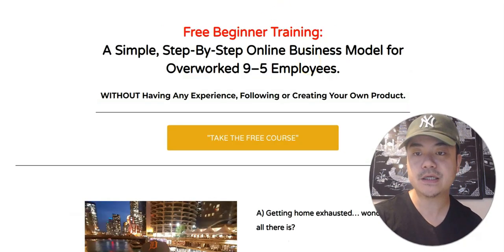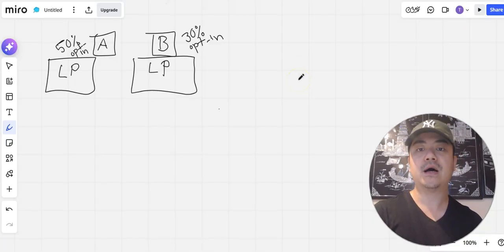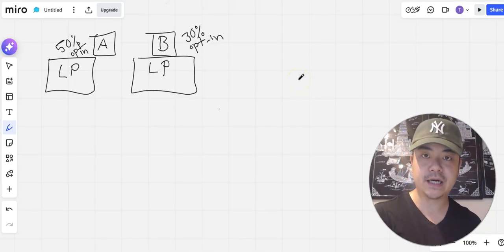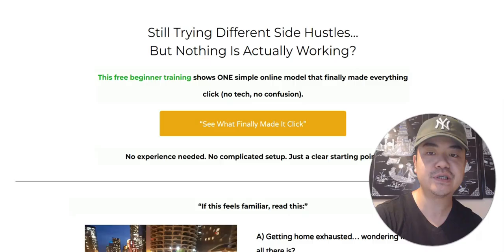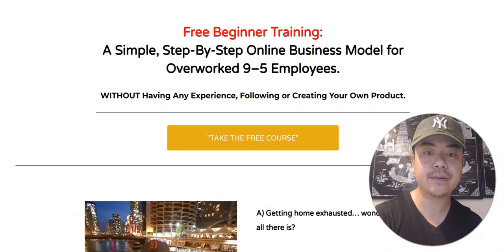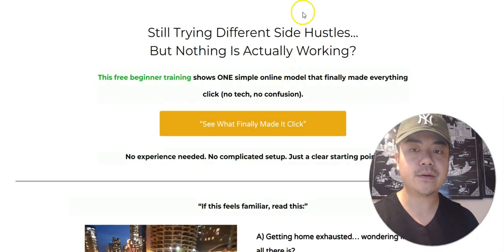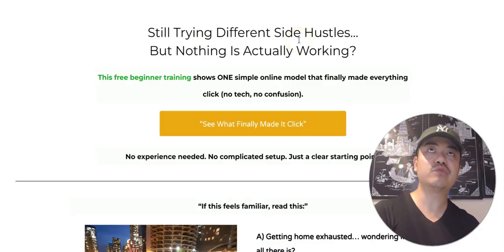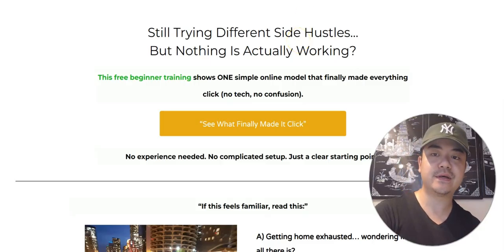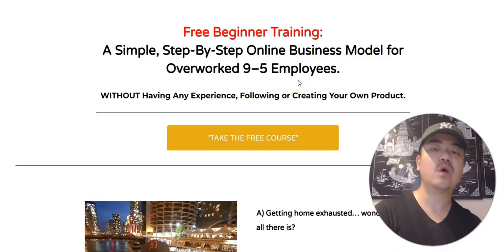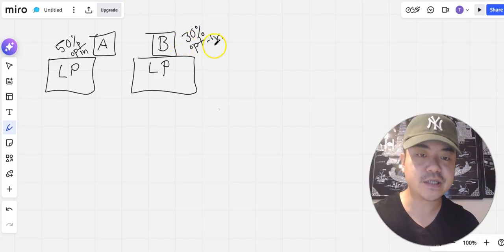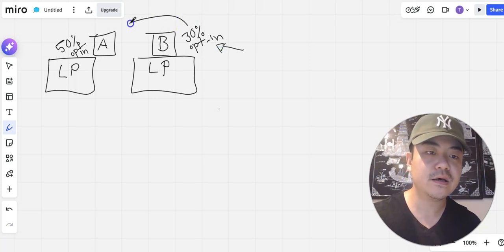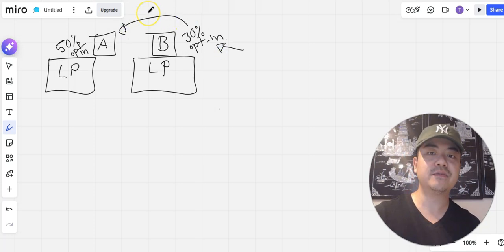When it comes to testing, you want to test one thing at a time. You can see they have two different headlines. If this one is converting at 50% and this one at 30%, I need to somehow get landing page B to beat that 50% email opt-in rate.